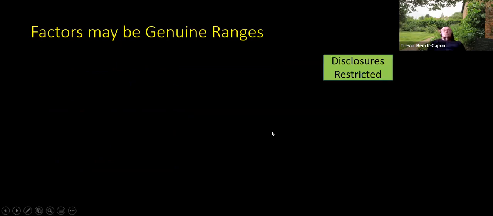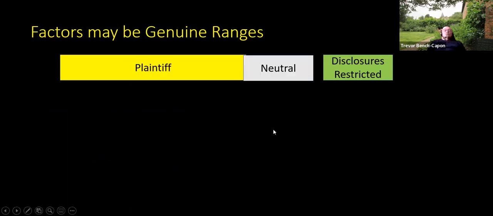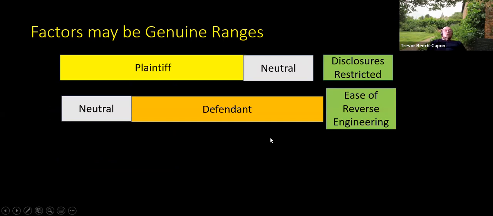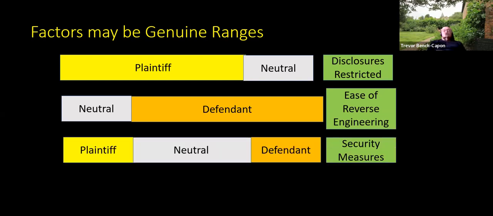If we look at these genuine ranges, we have that example, which favours the plaintiff until it becomes neutral. The second example, which starts off at neutral and then favours the defendant. And then security measures, which favour the plaintiff, then become neutral and then favour the defendant.